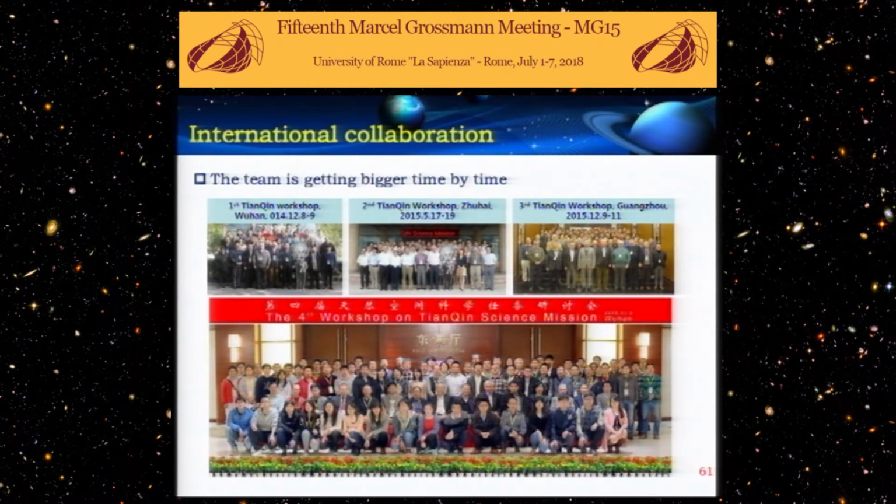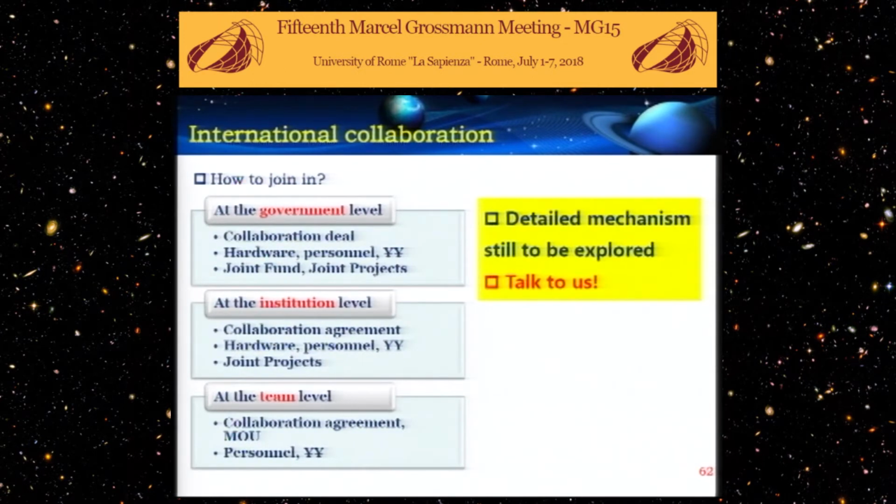And we just stopped this last year because we have some competition with the Chinese Academy of Sciences. There is another group trying to propose another space mission, Taiji. So this is some story about that. Nevertheless, we want to cooperate with our international colleagues.